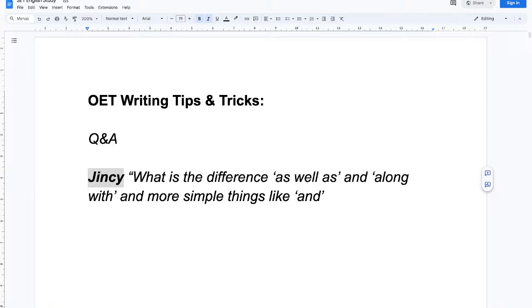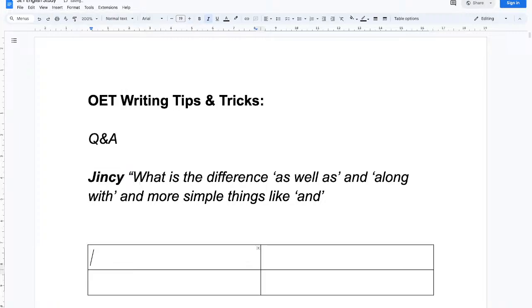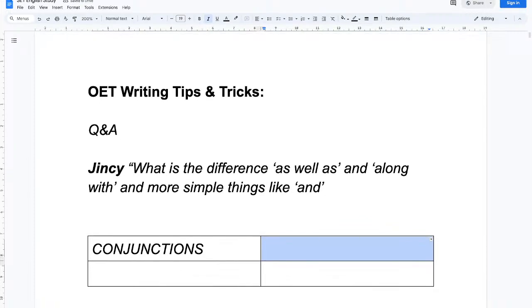So I'm going to go back to the document, and I'm going to say, Jinsey, you need to remember that there are two things happening. I'm going to make a little table here. There are conjunctions and there are what I'm going to call phrases, okay?